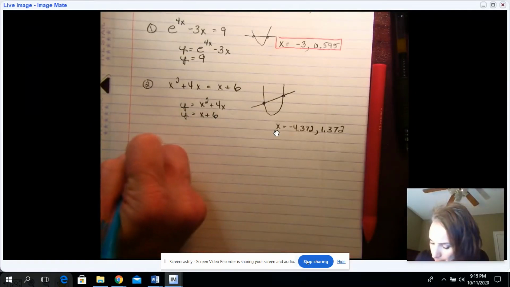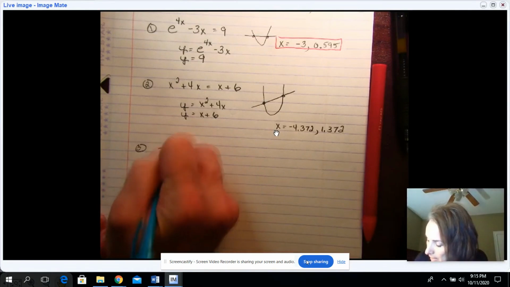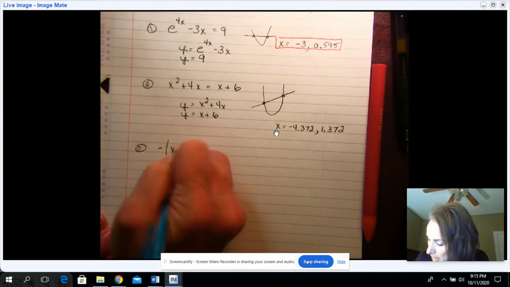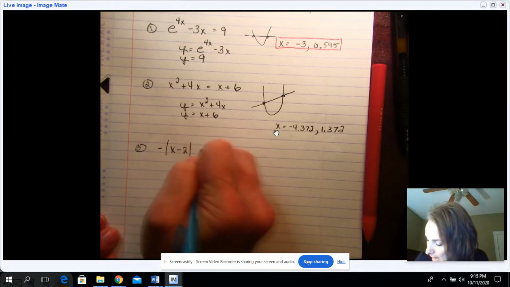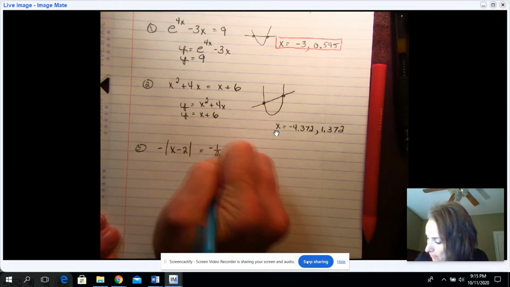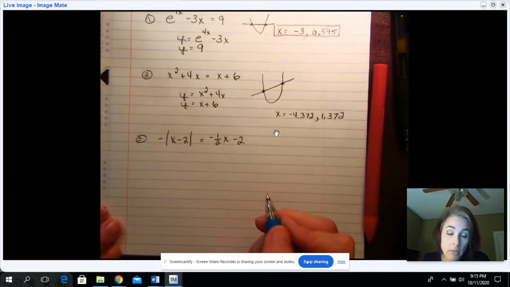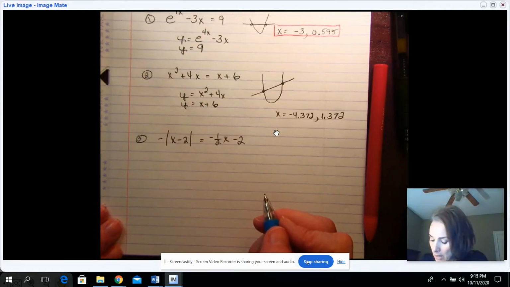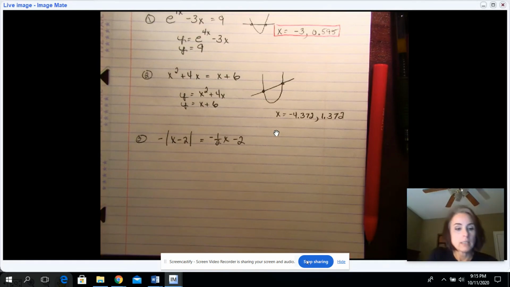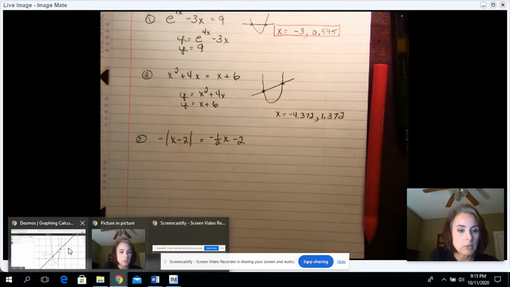Number 3, if you have the opposite of the absolute value of x minus 2 on one side and negative 1/2 x minus 2 on another side, it would be above your pay grade right now in order to do this. So again, you would just put it in Desmos.